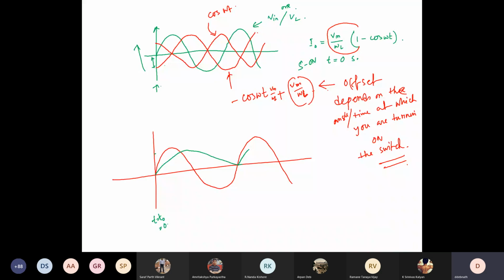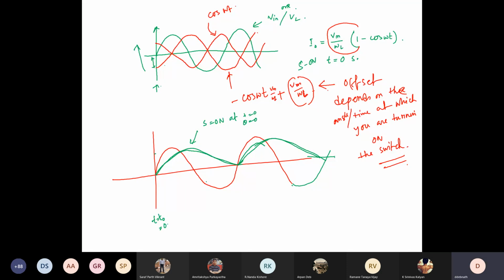It will be something like this. Okay, this waveform will be basically kind of this looking. So this is when you switch on at t equal to 0 or theta equal to 0.